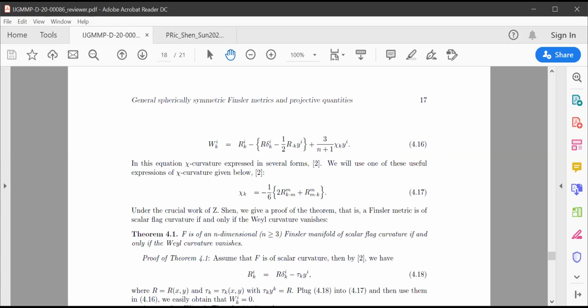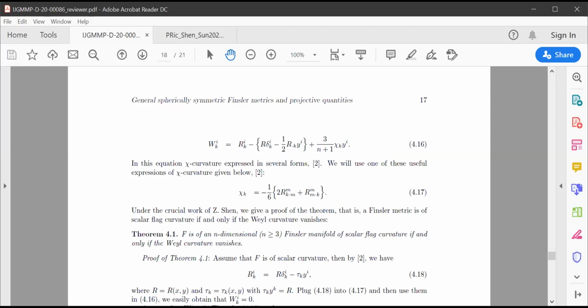I think the very first example showed up in my paper on projectively flat metrics with constant negative curvature. Then after that, Mo Xiaohuan did some work on general spherically symmetric metrics. I attended his lectures before in the classroom. Then most recently, just a couple of years ago, there is a paper by Chu Zhenghui and his student.